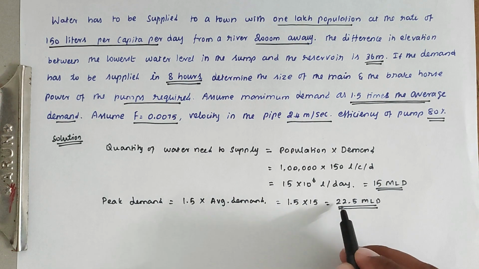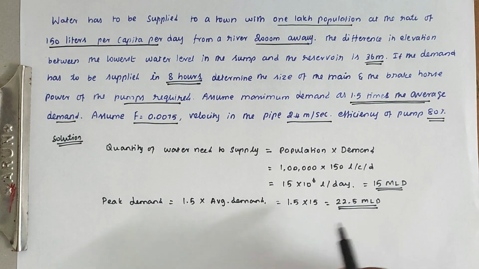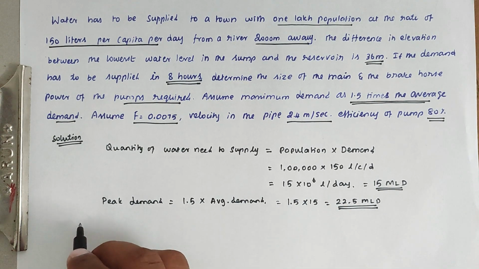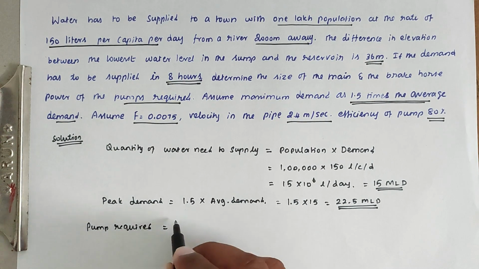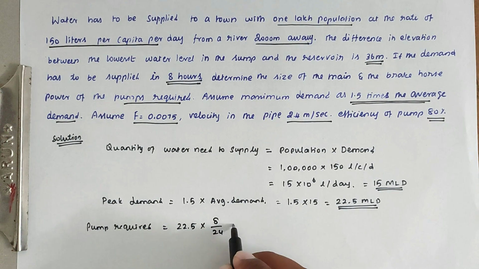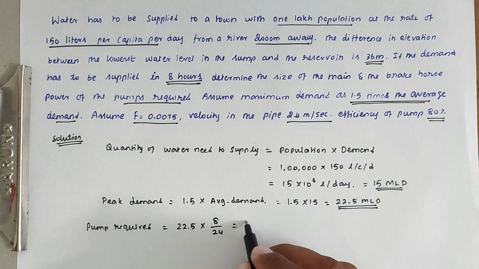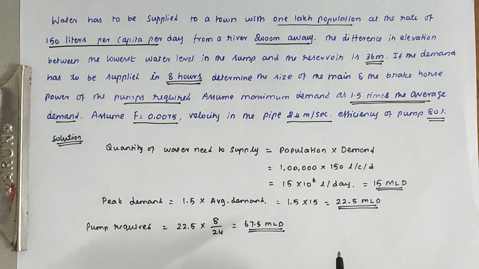The pump capacity required is 22.5 into 24 hours divided by 8 hours, which is 67.5 million liters per day. Since the pump works 8 hours per day, its capacity should be designed accordingly.